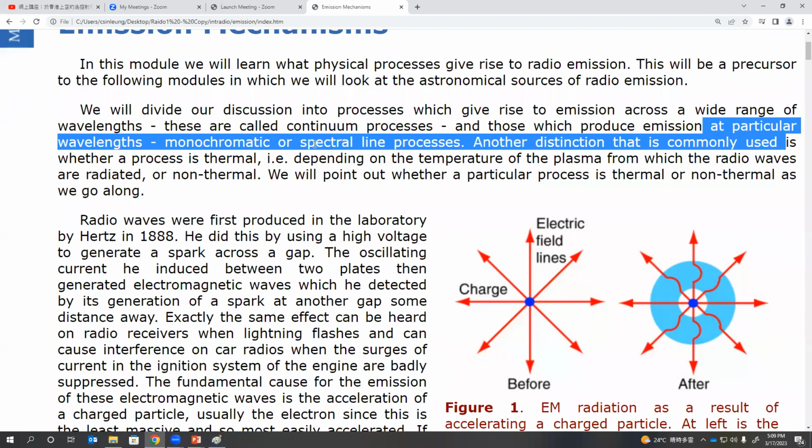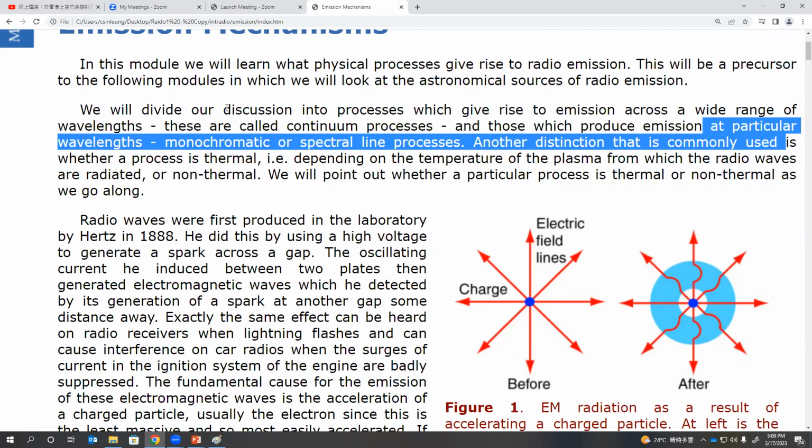So usually when you go to the observatory to do observation, the local astronomer or the corresponding staff will ask which type of process you want to observe: is it a continuum observation or a spectral line observation?